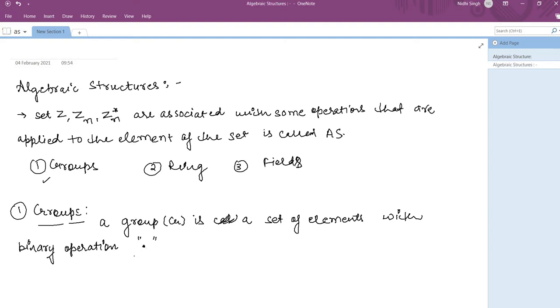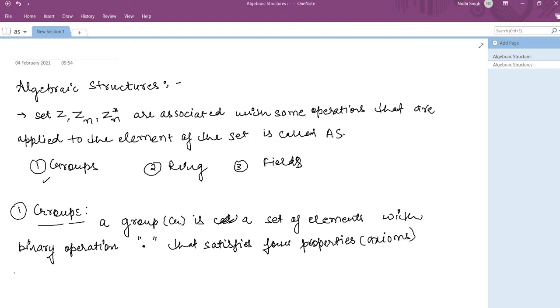This binary operation can be multiplication, addition, or subtraction, that satisfies four properties, or sometimes called axioms.